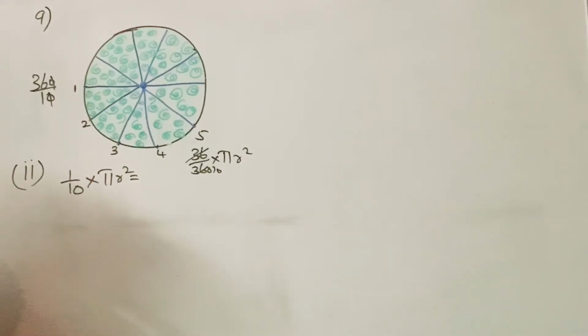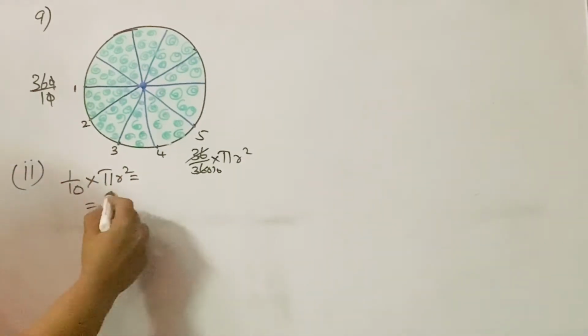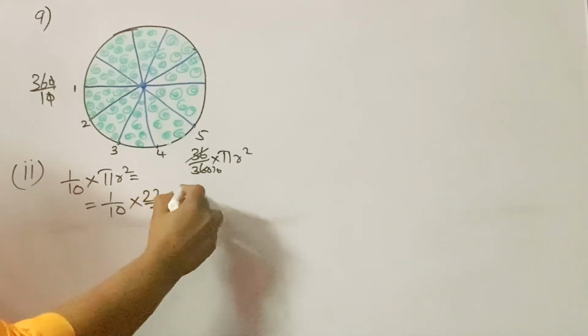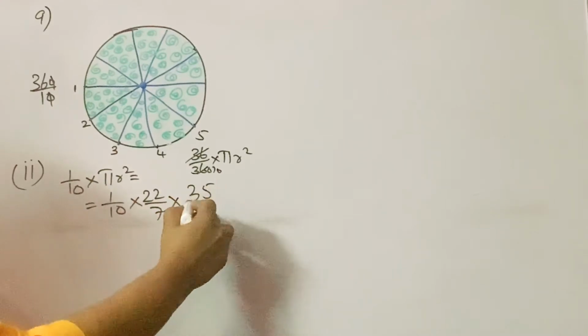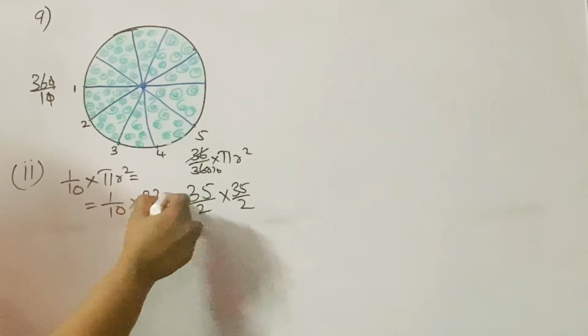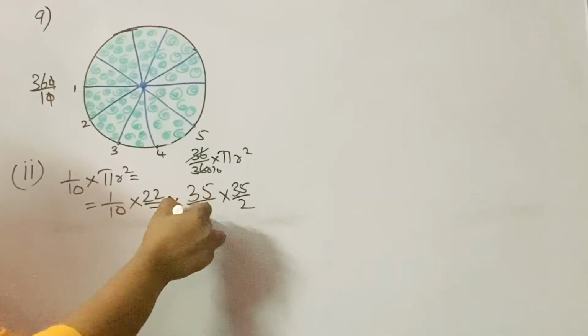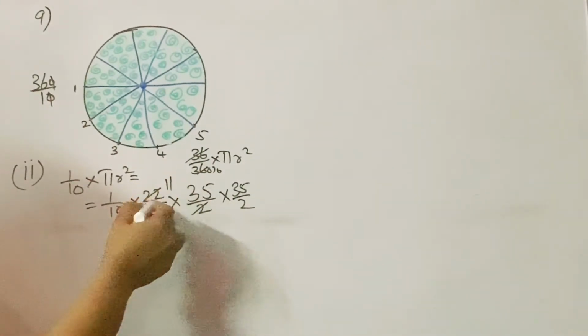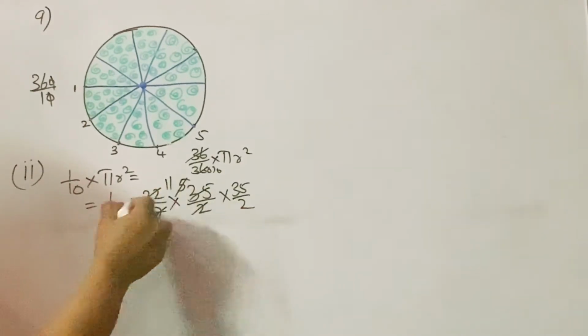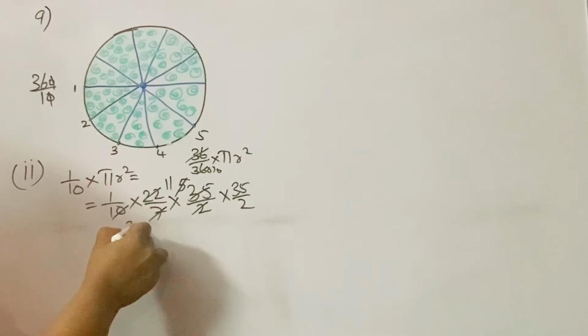That is 1 by 10 into 22 by 7 into r, where the diameter is 35, so the radius is 35 by 2. Here, 11 times, this 5, then this 5, 2 times.